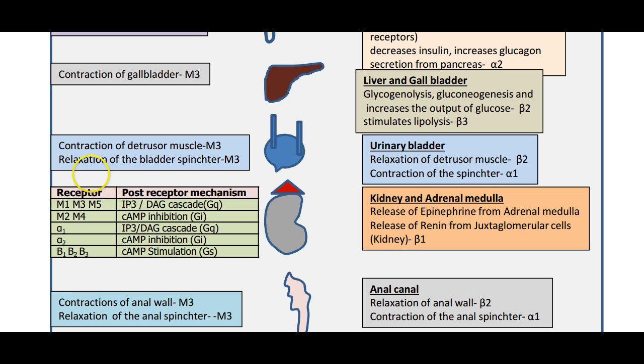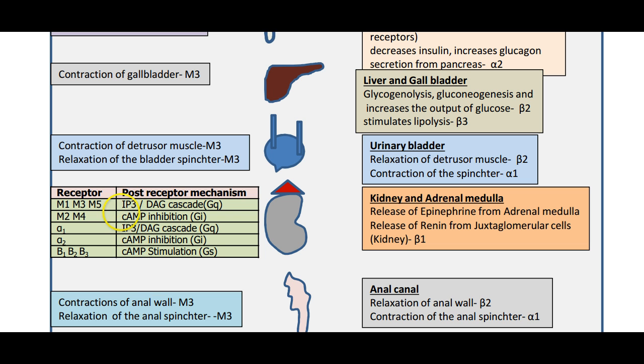Now in these muscarinic receptors, the odd numbers, that is M1, M3 and M5 are basically Gq subtype of G-coupled protein receptors. And Gq subtype means their second messenger is the IP3-DAG, that is diacylglycerol cascade, and they also cause influx of calcium.